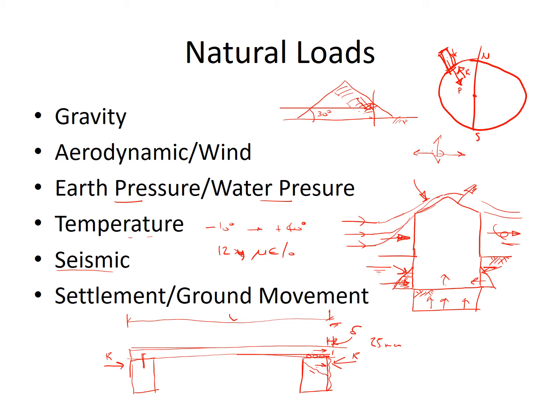In the United Kingdom, we tend not to have to design for seismic. There are certain situations where we would, for long span bridges, for example, particularly where they're crossing, as they quite often do, by virtue of the geography, a fault line, for example.